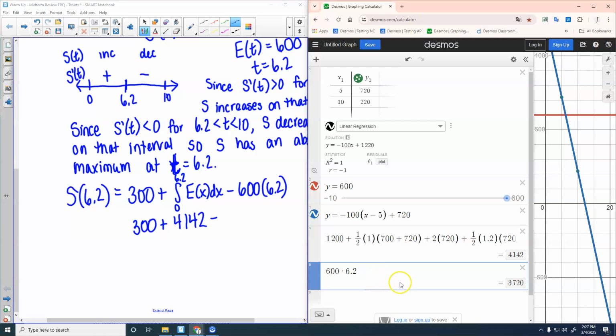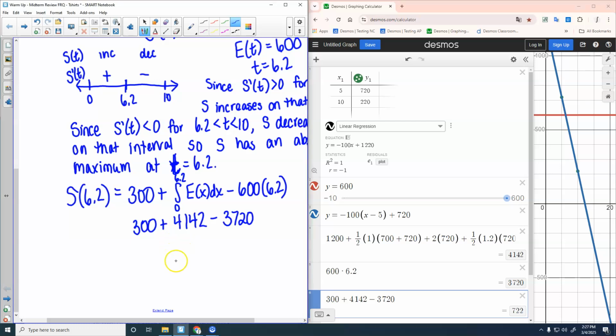Oh, 600. Oh, I was maybe close. 3,720. So if we do all that, 300 plus 4,142 minus 3,720, we will get 722 shirts.